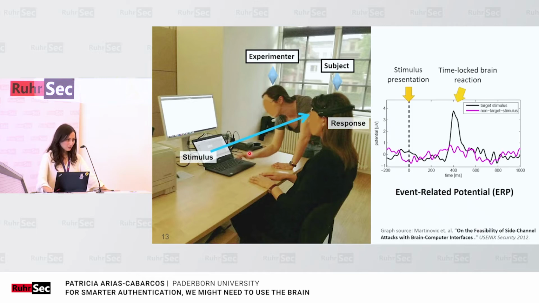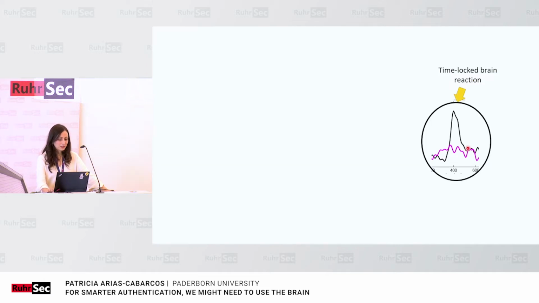And this reaction is time-locked. So some milliseconds after the stimulus presentation, I get a peak, a specific wave that peaks and then dies. And we are going to take only this part of the signal because it provides a better signal-to-noise ratio. And we thought that would be convenient for the case of using electronic devices that have worse sensors.